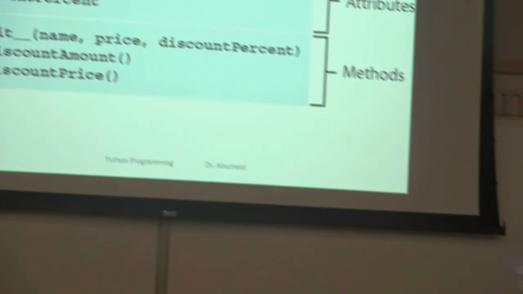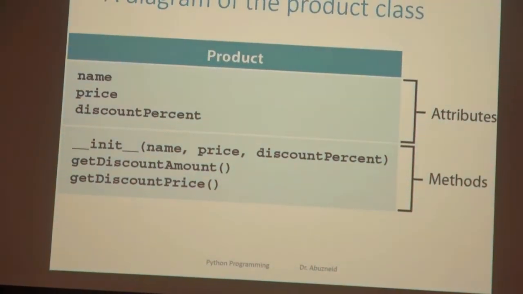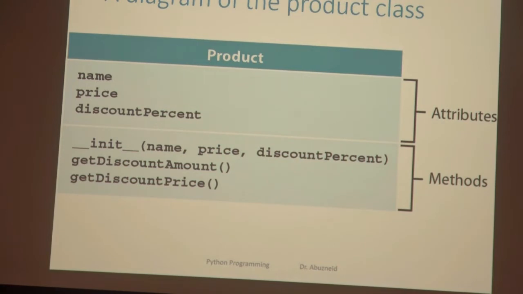All right. So what we see in here, let me take the pen here, and then, okay, in here, a diagram for a class, for example, a product. We call it a product, all right?